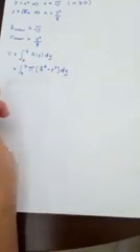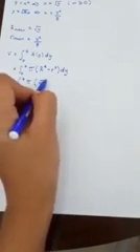So it's equal to the integral from 0 to 4 of pi times r squared, the outer radius, minus the inner radius squared, times dy.